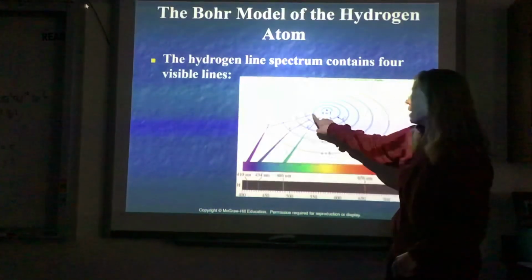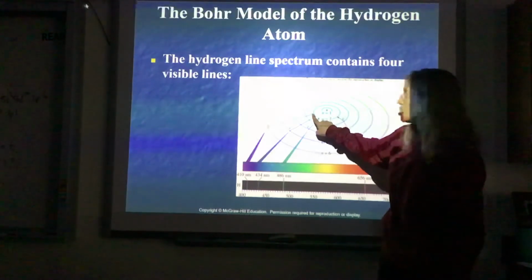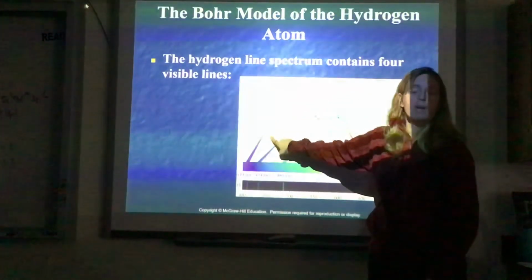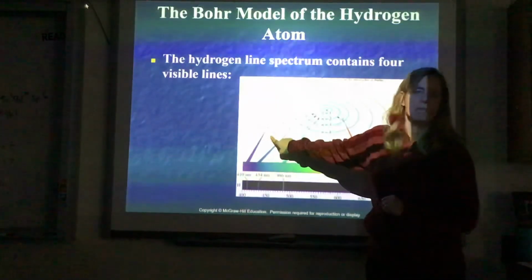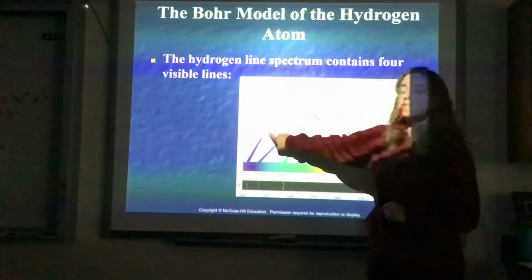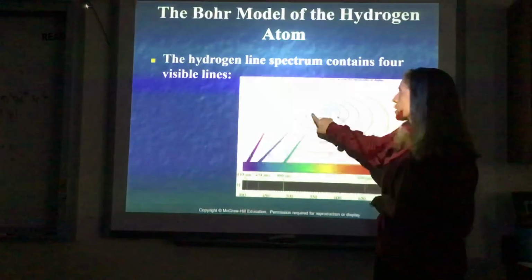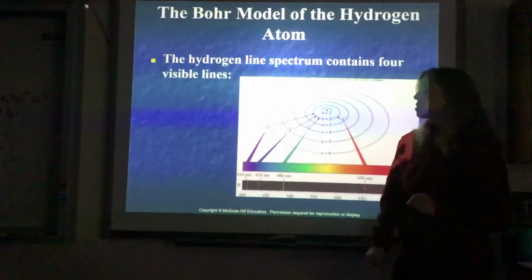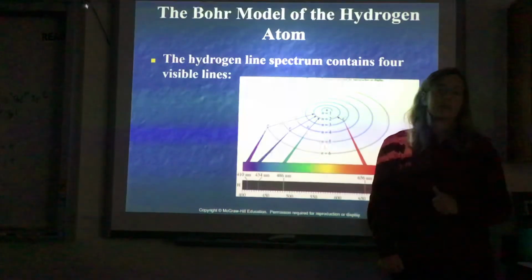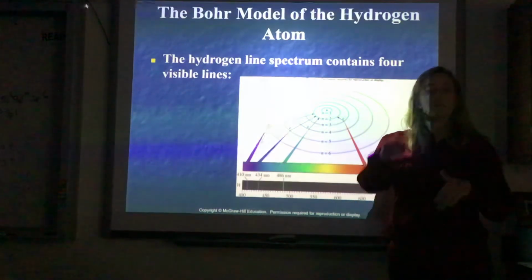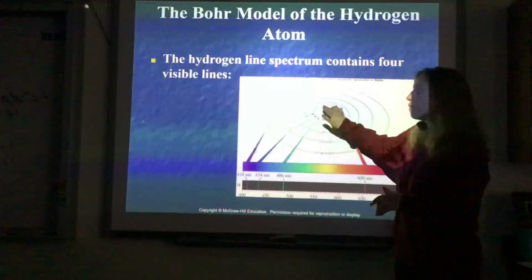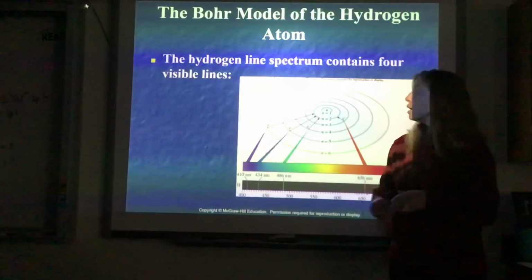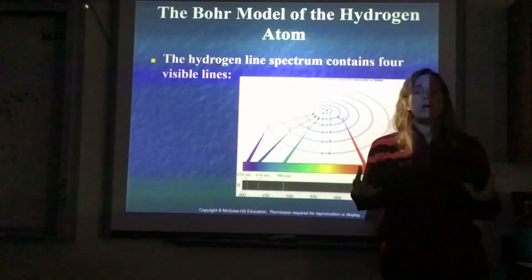So that's violet. So violet's all the way over here. You can see that for violet, it's got to jump from 1 all the way to 6, the 6th energy level. That takes an incredible amount of energy. So if it's going to take that much energy for an electron to jump from 1 all the way up to 6, you're going to have a color of violet that's being emitted, because when this electron falls back down into its original energy level, it's going to give off light.